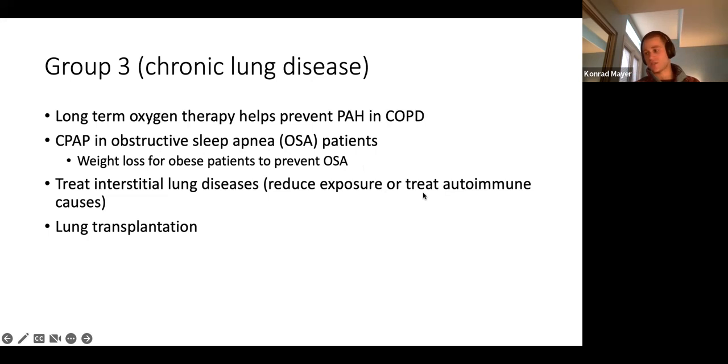There are many medications like methotrexate, MTX, that cause interstitial lung disease. There are lots of autoimmune diseases, for example systemic sclerosis or lupus, that cause interstitial lung disease. These can all be treated with autoimmune therapy.